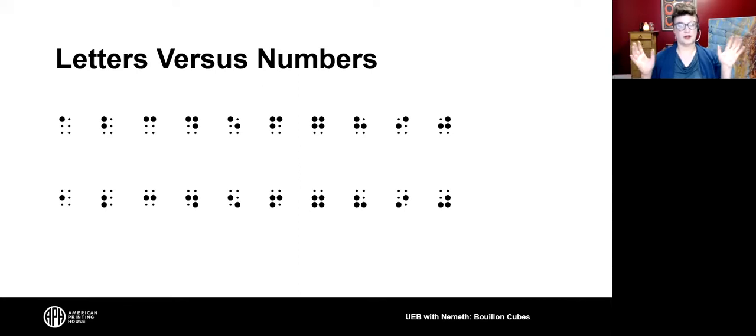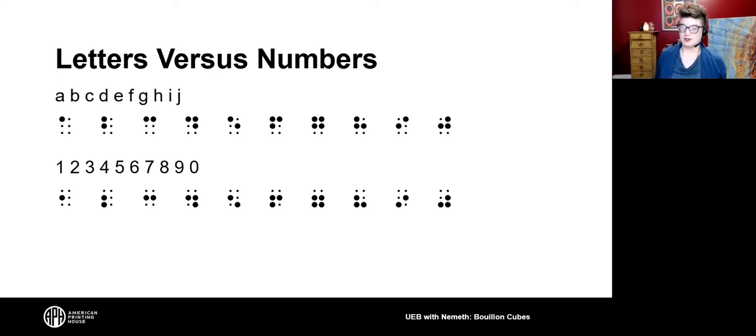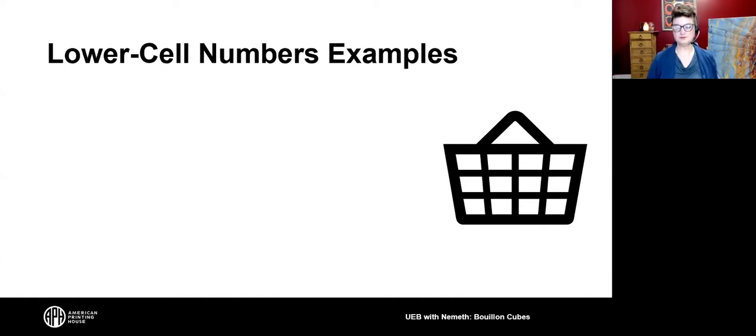And our Arabic numerals, our 1, 2, 3, 4, 5, 6, 7, 8, 9, 0, happen in the lower 2 rows of the Braille cell. So the numerals always look different from the letters because they happen in a different part of the Braille cell, sort of like they've been knocked on the head and just fallen down into the lower 2 rows of the Braille cell. Here's an example of that in action.